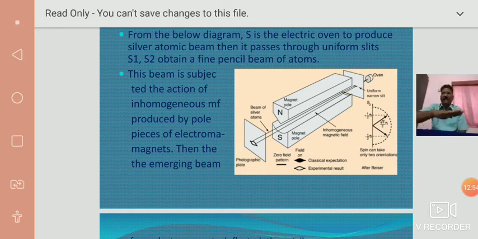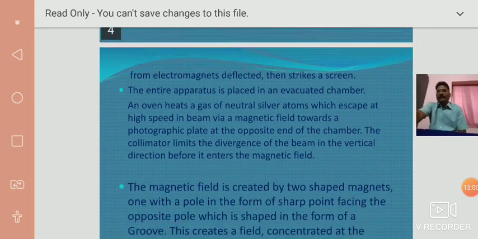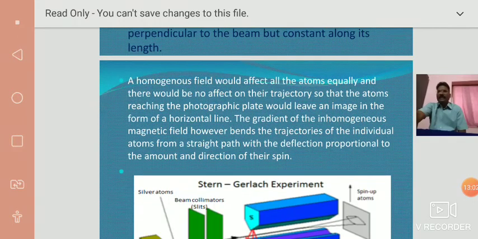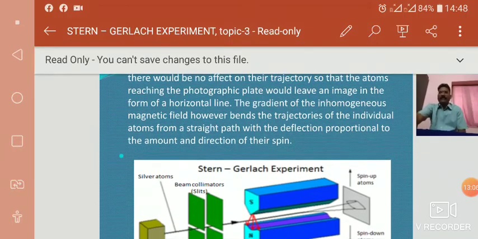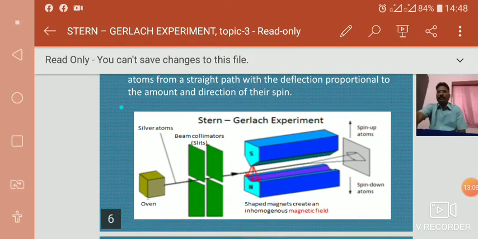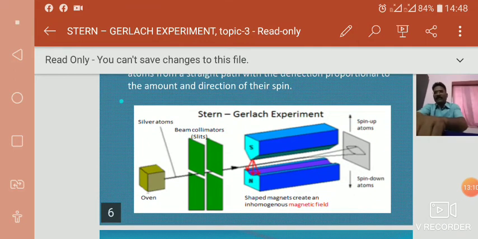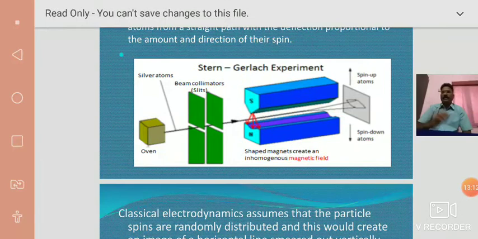Therefore, this is the experimental setup and experimental description of the Stern-Gerlach experiment. And then the next slide, the sixth slide, has a very clear, colorful diagram to observe. There is a cube, an electric oven, and the sharp slits S1 and S2, represented in green color.